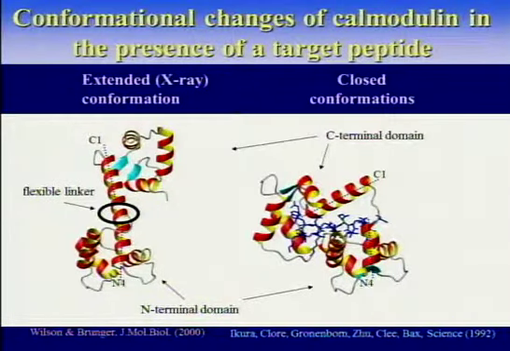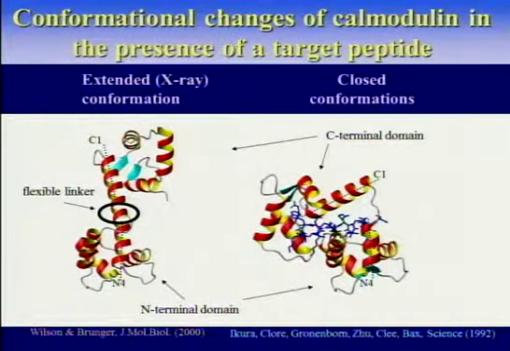So these are the two limiting conformations. There's an extended conformation where the linker is folded in as a helical structure, and so you get this very long helix that is connecting tightly the two domains. But there's NMR data showing that there's some flexibility going on, some protein dynamics.